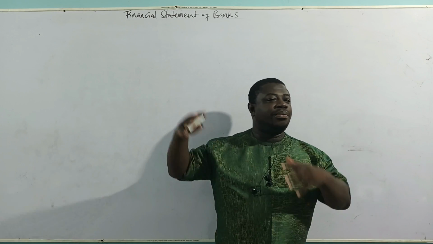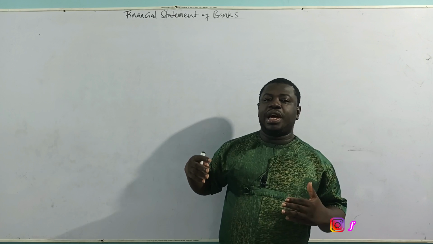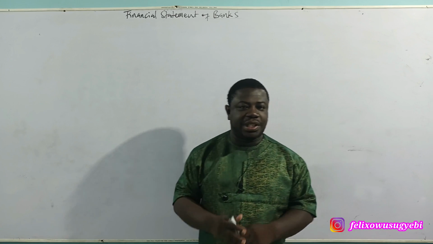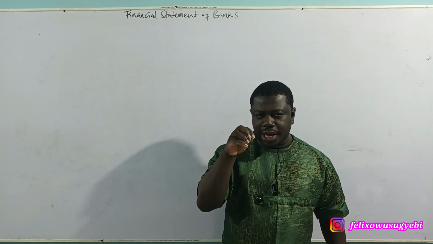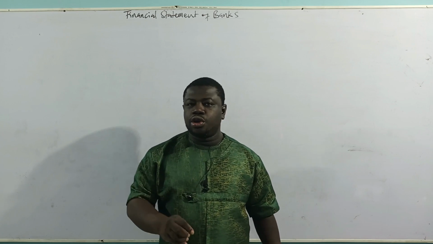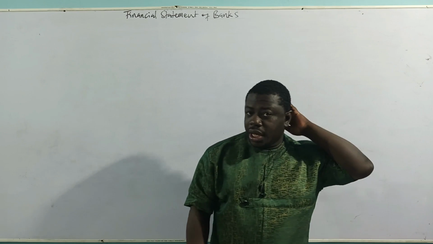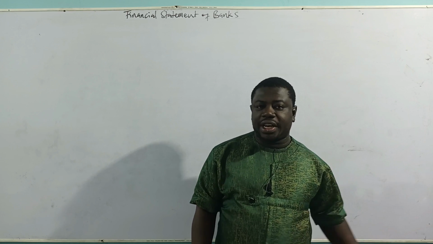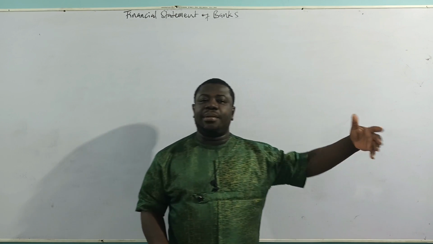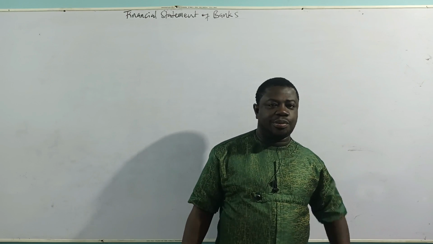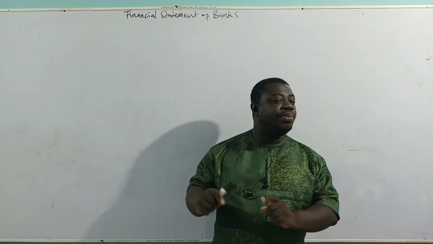This one is the rent we have gotten from our investment property. And as a bank, our core service is not to rent our property to customers or tenants. So that income from the rental of investment property will not be treated as part of operating income.